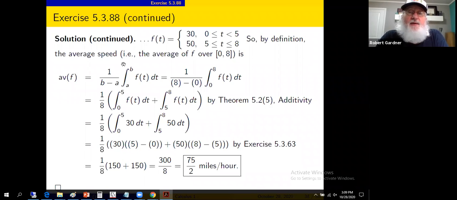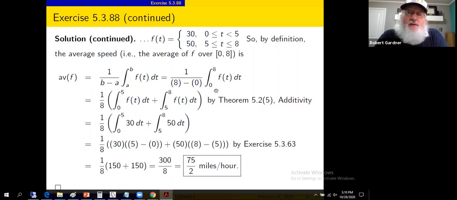By the definition of average, we'll have the average of f is 1 over b minus a times the integral. We're looking at the interval from 0 to 8, so we'll have 8 minus 0, the length of the interval, that's the 8 hours. And we'll integrate the speed function, f of t dt.